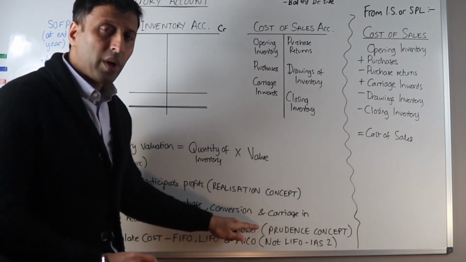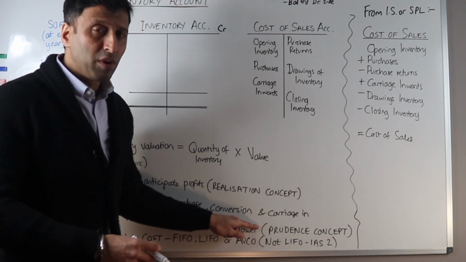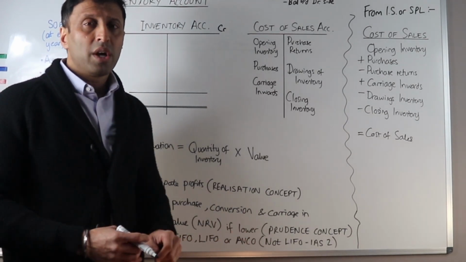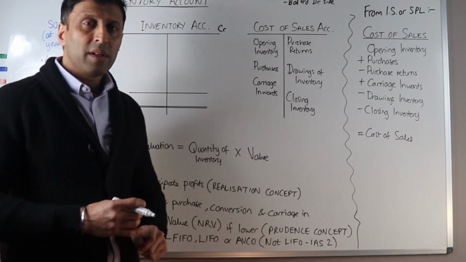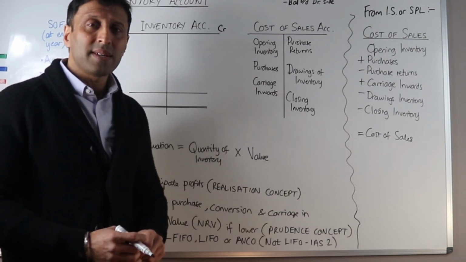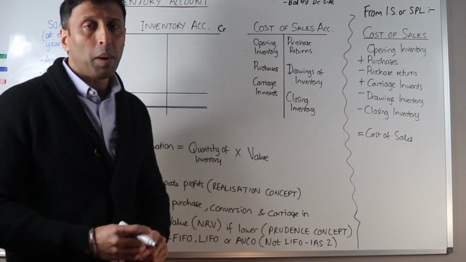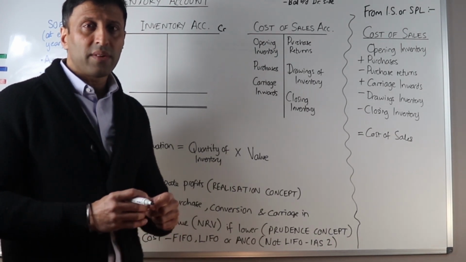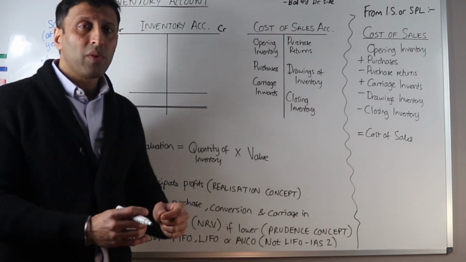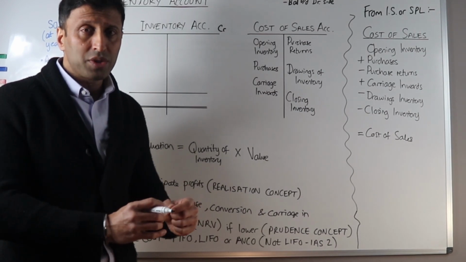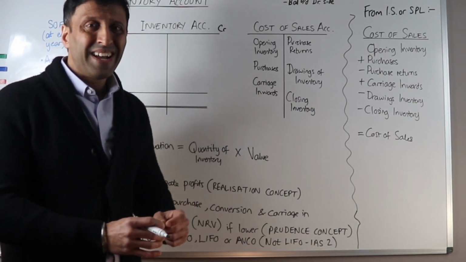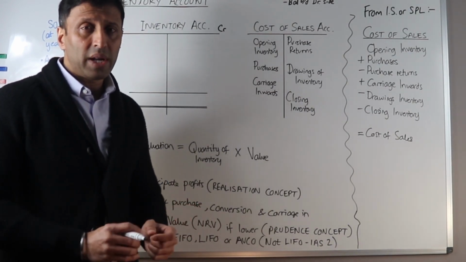And that's because we are always trying to be prudent, and we're using the prudence concept here, which is to not overestimate profits, and to show expenses or losses as soon as they are probable. So in this case, we think that the value of inventory has fallen, and therefore we will reduce the value down from the original cost to a lower value, which is the net realizable value.